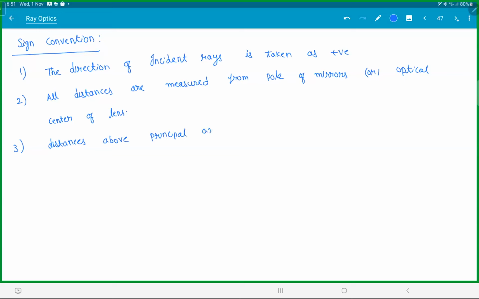Let me give an example that will make things much clearer. The convention we use: U is used for object distance. V is used for image distance. R is the radius of curvature. F is the focal length.